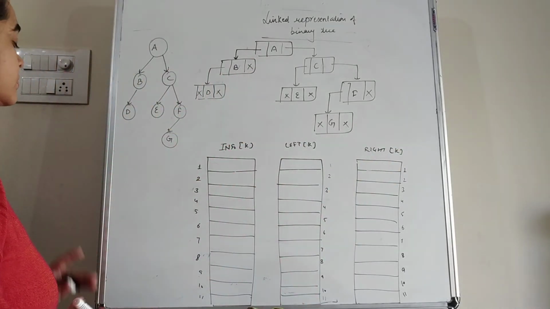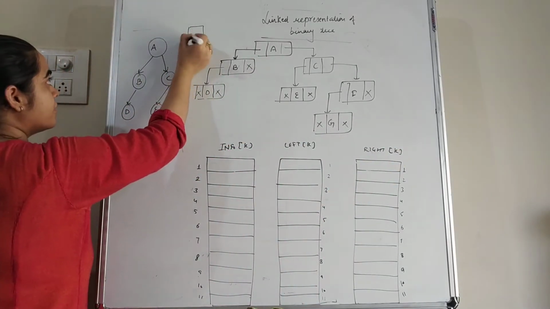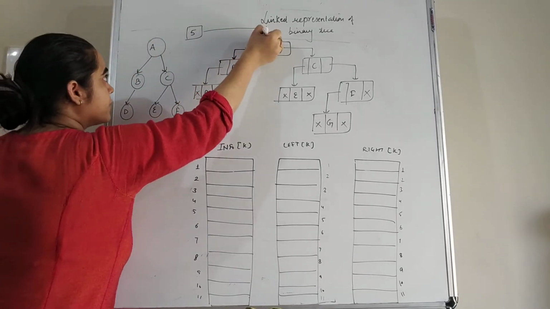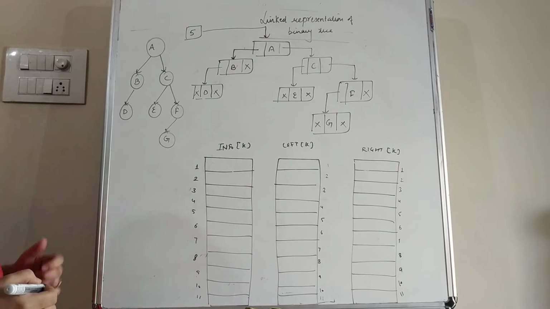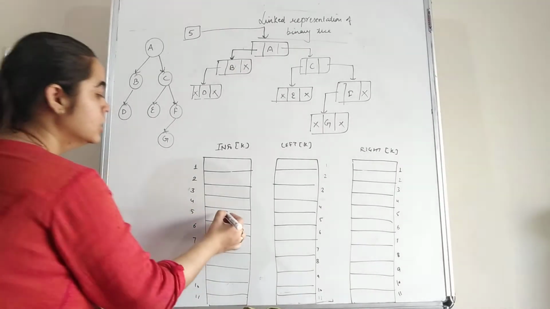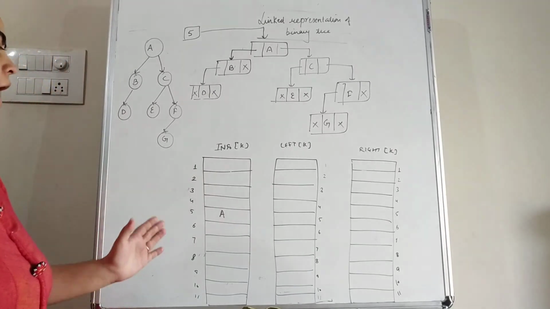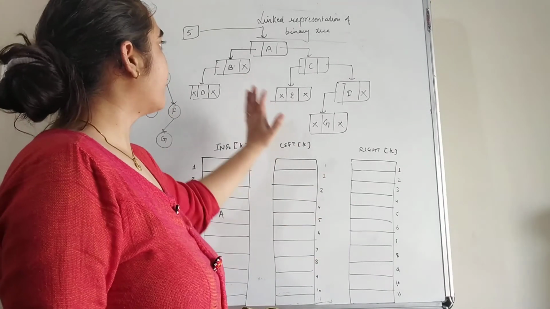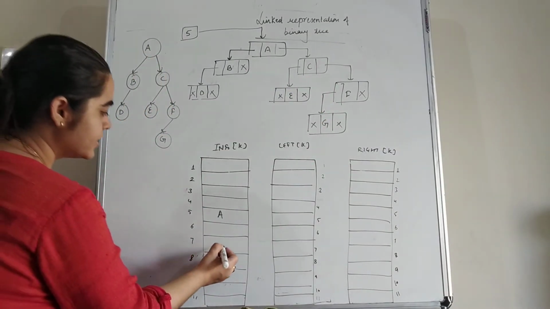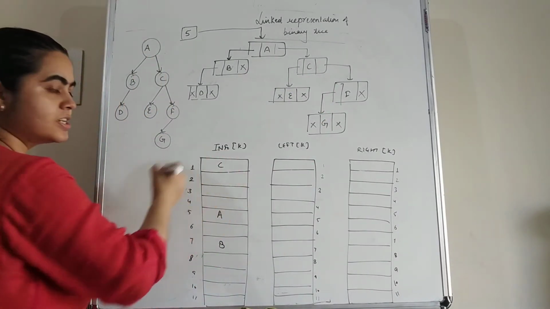Now suppose we have a start variable, and the start variable starts from 5. That means a data element is stored at the 5th location in this array. So A is stored here, and in the parallel two arrays we have to update the addresses of B and C. Suppose B is stored at the 7th location and C is stored at 1.